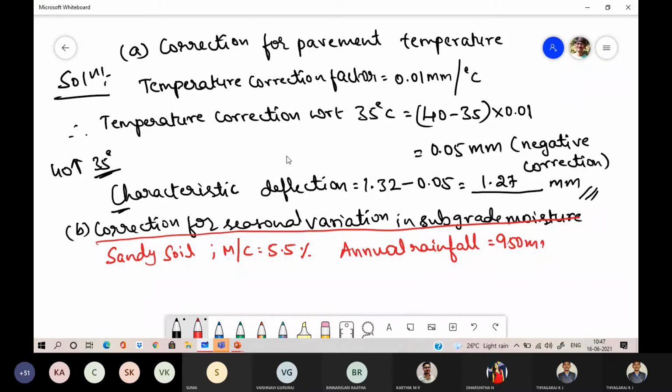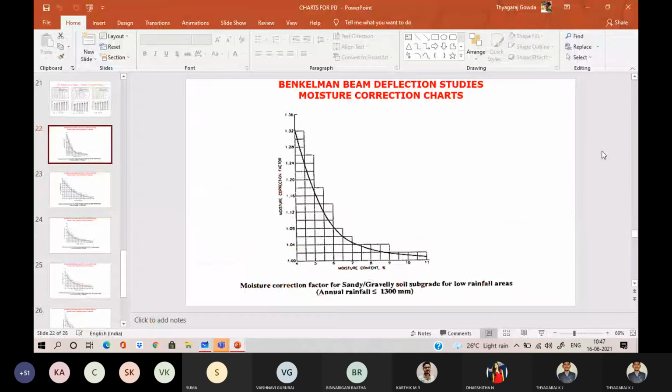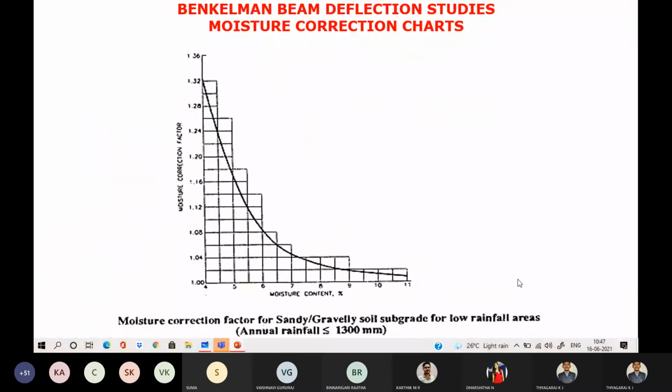Now we'll go for the graphs. You can observe here clearly, at the bottom the sandy soil or gravelly soil graph is there.